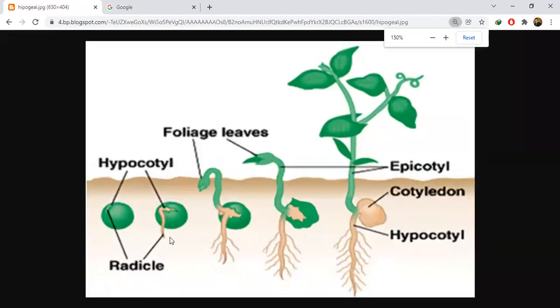You can see here, there's a part called hypocotyl. It is coming like a loop out here. So this is the hypocotyl.